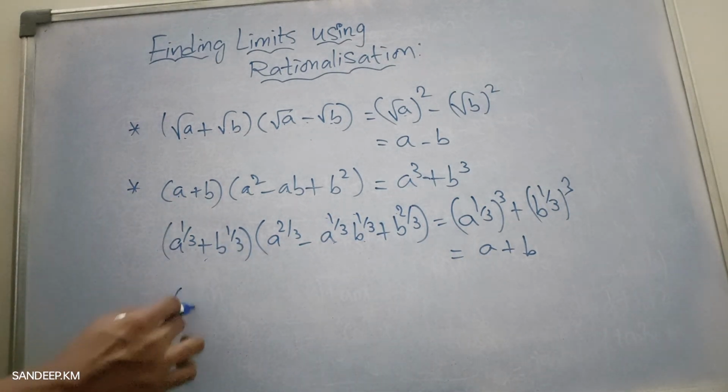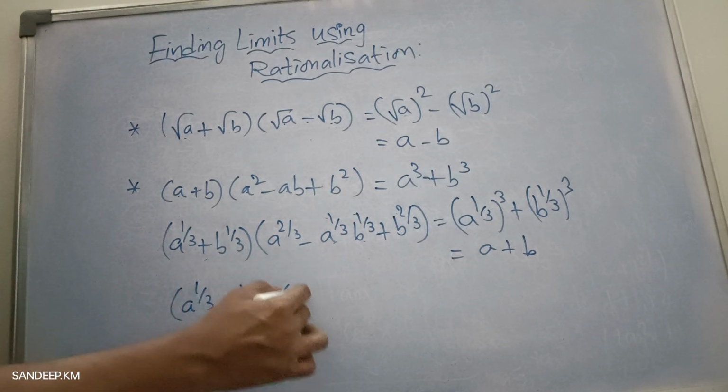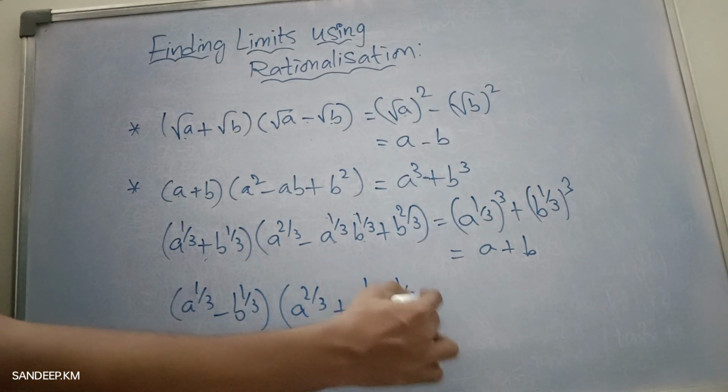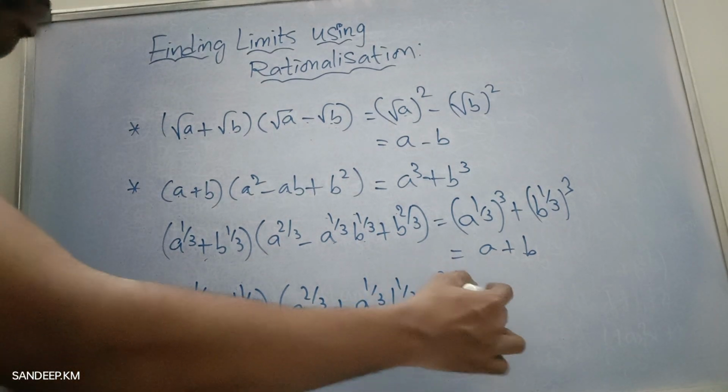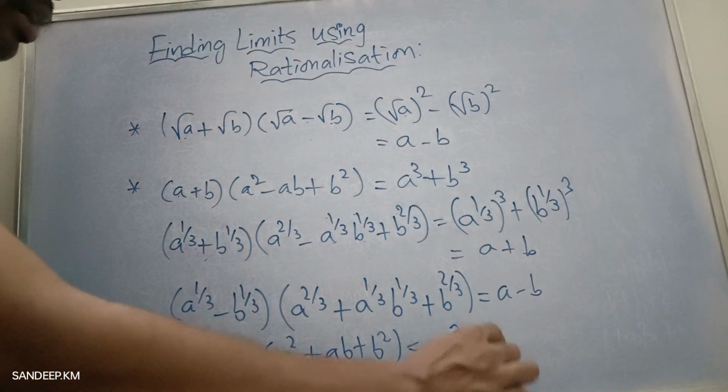Similarly, dear students, (a power 1 by 3 minus b power 1 by 3) into (a power 2 by 3 plus a power 1 by 3 into b power 1 by 3 plus b power 2 by 3) will be equal to a minus b. And this identity comes from where? (a minus b) into (a square plus ab plus b square) is equal to a cube minus b cube.